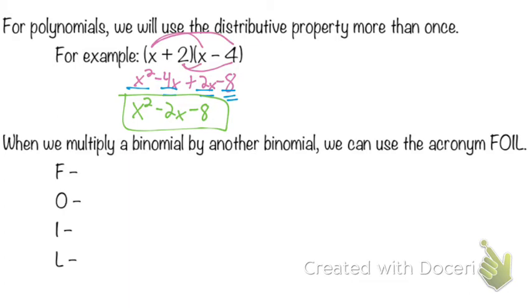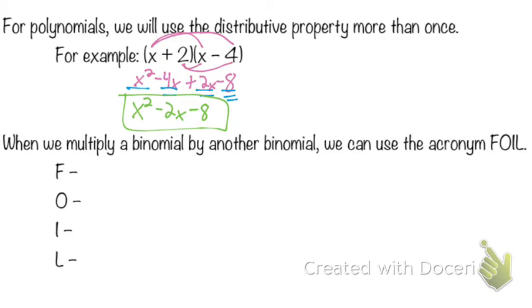Now, this is probably new to us. There's a couple different ways we can think about what just happened here. Because we had multiplication between these two parentheses, we had to do every single combination together.